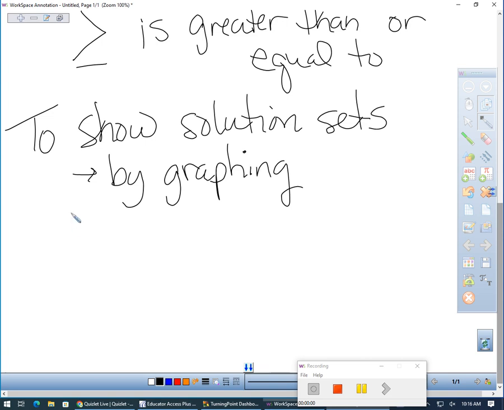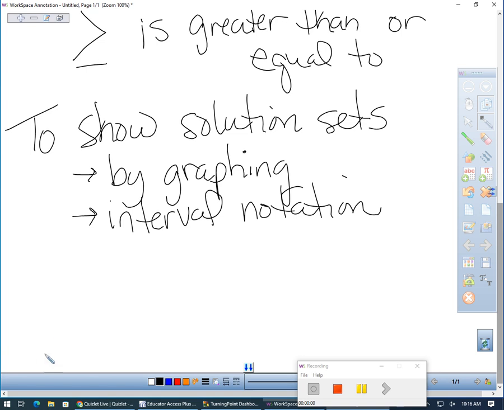The second way, which is going to be the new way that you haven't learned before, is called interval notation. So let's start with the graphing one. Let's review graphing because you already know that one before we get into the new stuff.